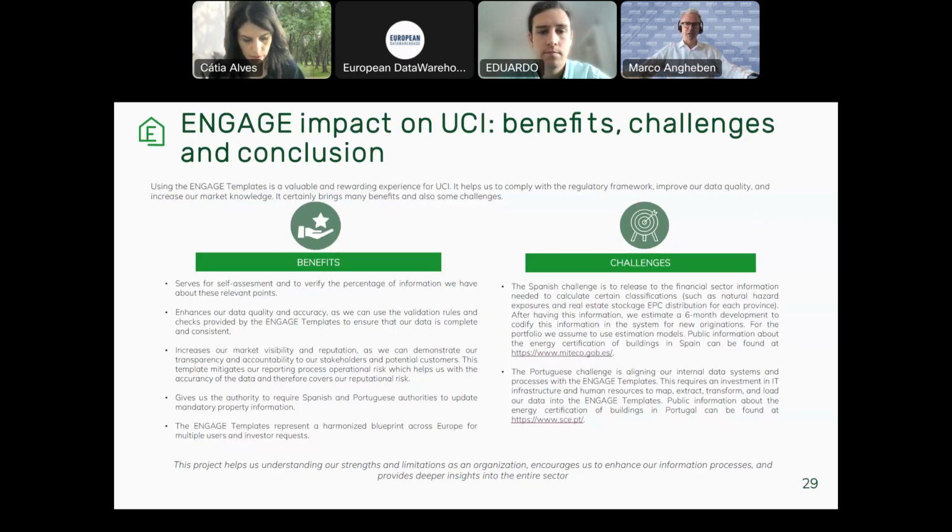I think there is another, let's say more generic, question, which is how this engaged database can be combined with the initiative in Portugal between ADENE and the financial institutions to provide information of the EPC. I will try to respond, and please, Katia and Eduardo, jump in.